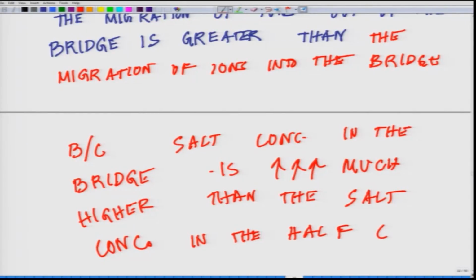So, that tells you why there will be more diffusion from the salt bridge as compared to into the salt bridge. Okay.